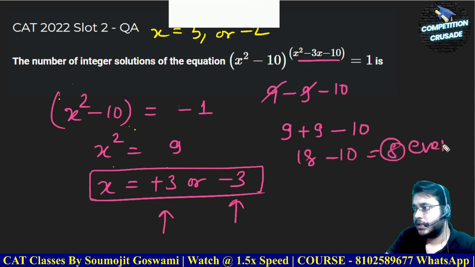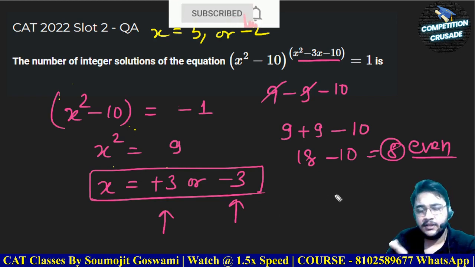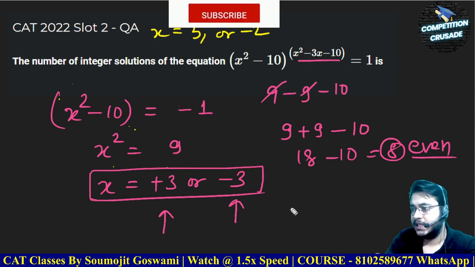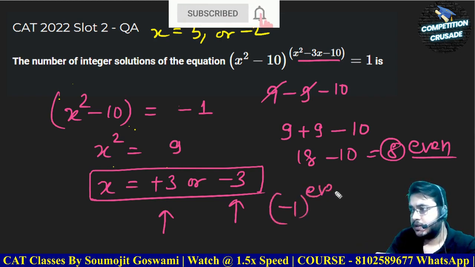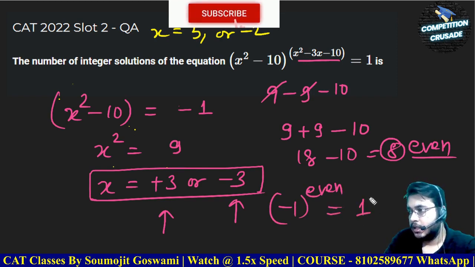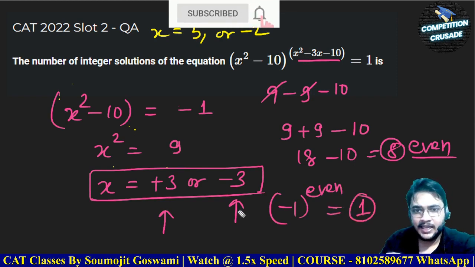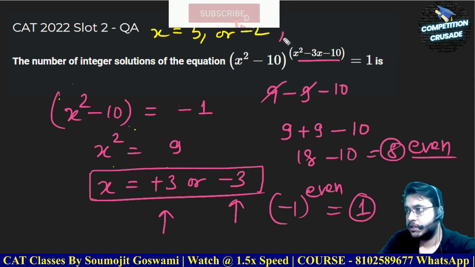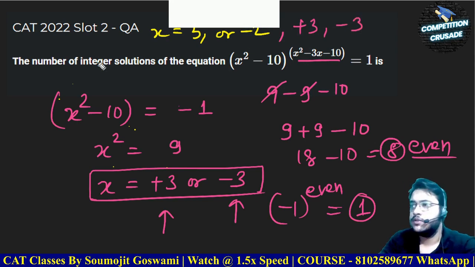This is also an even number. So both the cases, plus 3 and minus 3, satisfy the idea that minus 1 raised to the power even will be 1. So effectively I have arrived at 4 values for this particular expression, plus 3, minus 3, and the answer to this would be 4.